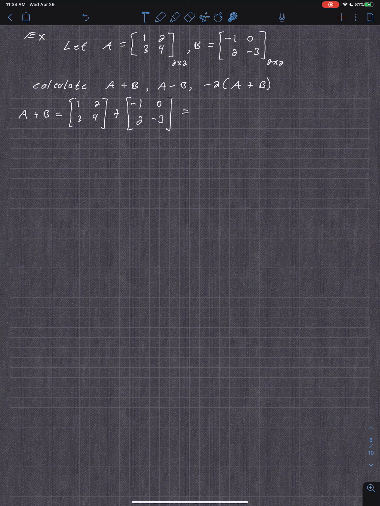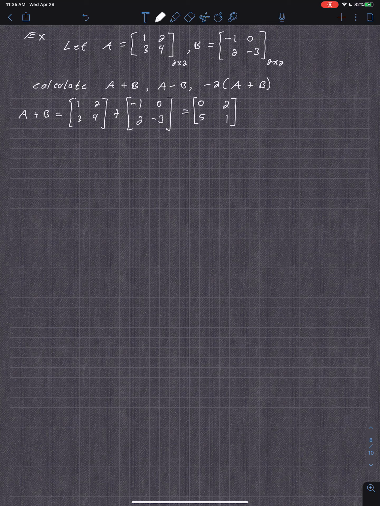You can just do it in your head, adding those corresponding elements, and you will get 0, 2, 5, and 1. Okay, so that's pretty straightforward.